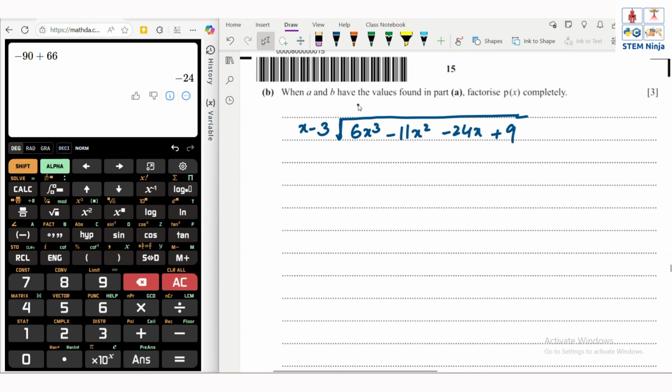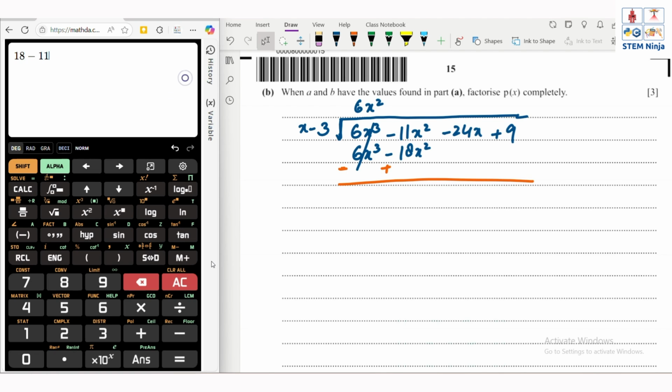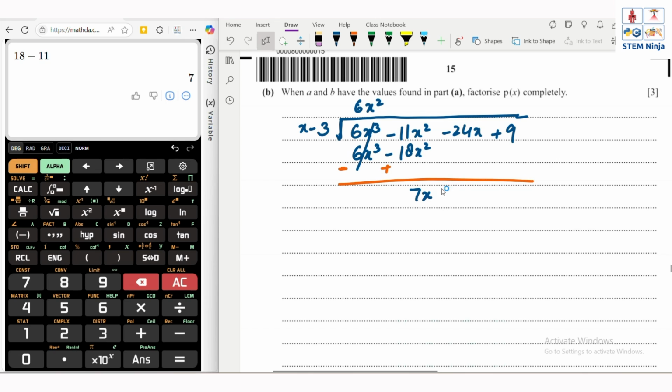So first we need 6x squared, so this becomes 6x cubed and minus 18x squared. So minus plus, this cancels out. So 18 minus 11 is basically 7. So 7x squared minus 24x. Okay, now we need the 7x. So 7x squared, and 7 times 3, 21.